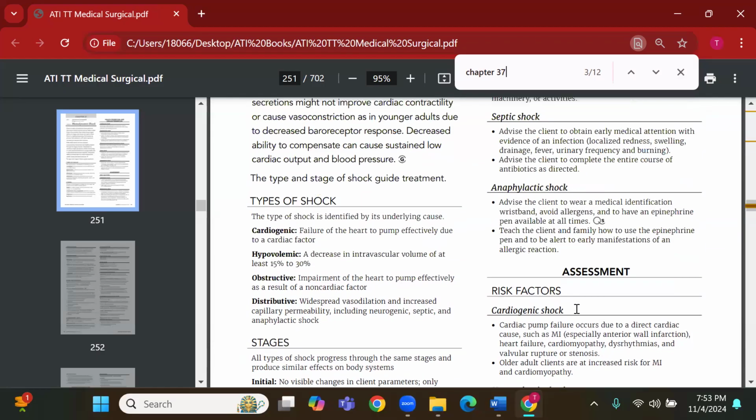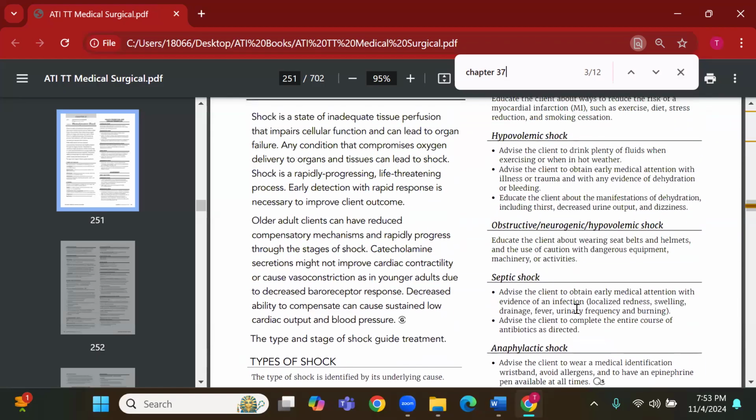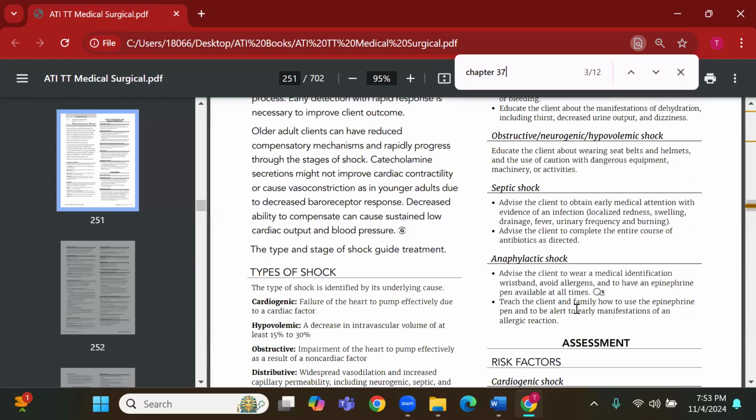Okay, so let's look up here. We're going to look at septic and anaphylactic. Septic shock, let's see what it says here. Advise the client to obtain early medical attention when they have an infection, right? So one of the things I mentioned, and I don't know if everybody was on here when they heard it, about the older lady who had a UTI and ended up with septic shock.